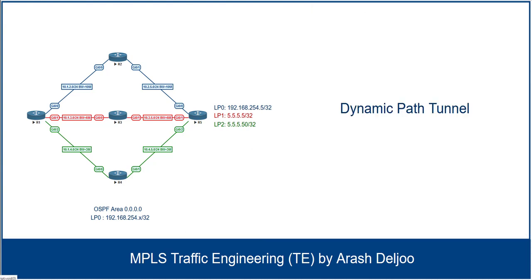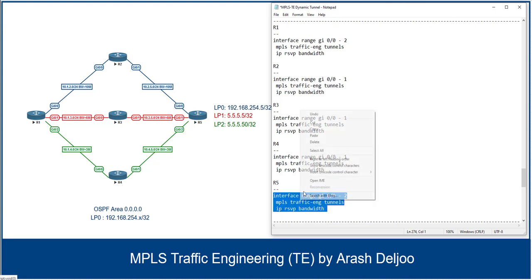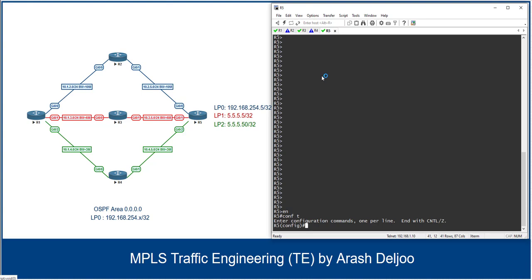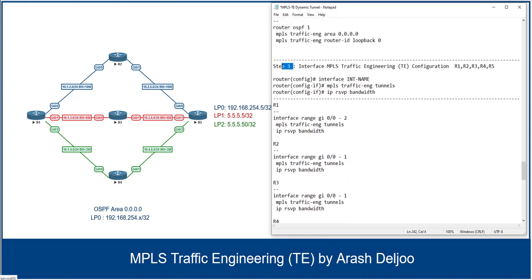On router 5, we have one more interface, as you can see here. Let me copy this configuration and paste it on the R5 CLI. All right, this is step 3 that we configured now.